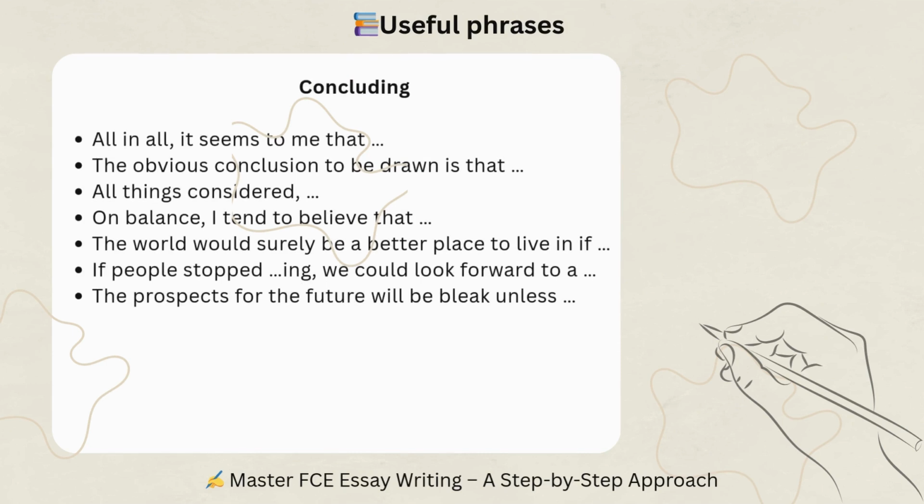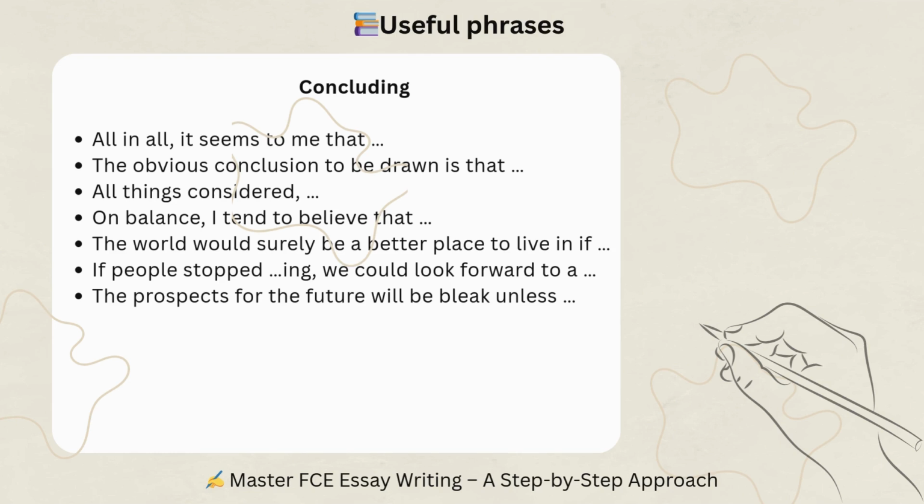And finally, let's wrap up with some concluding phrases you can use to finish your essay in a confident and thoughtful way. To summarize your argument, you can use "all in all," "it seems to me that," or "all things considered." These can help you tie everything together smoothly.